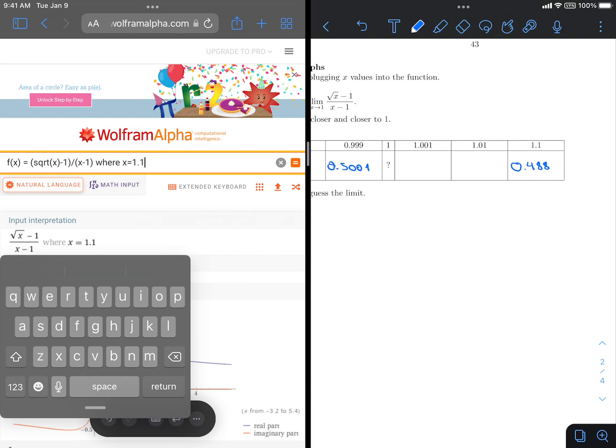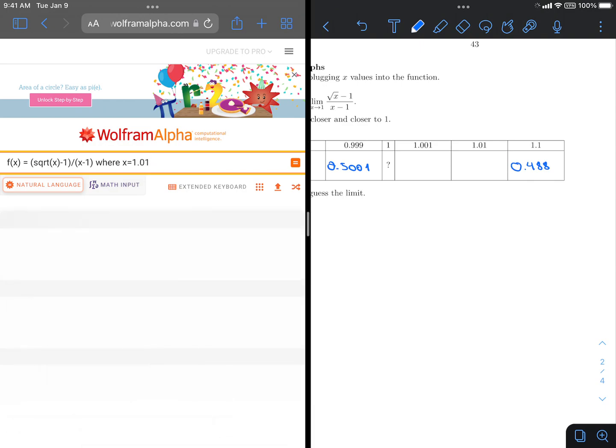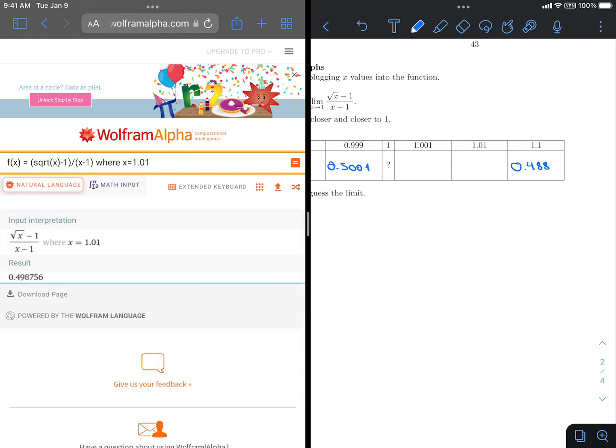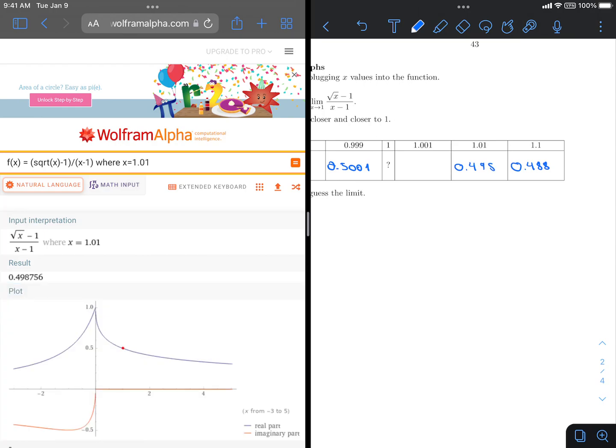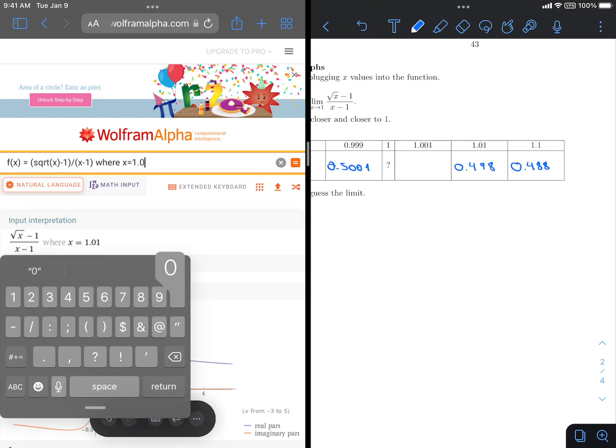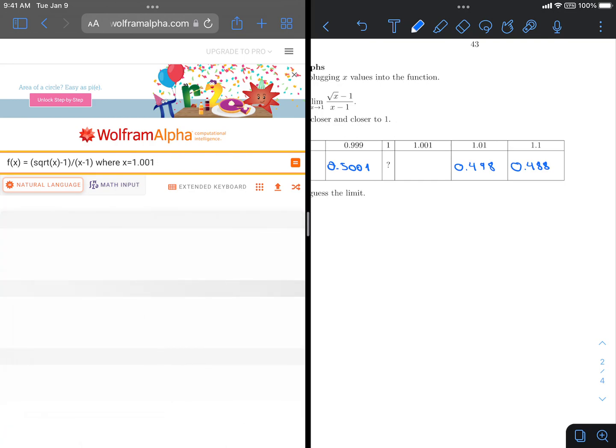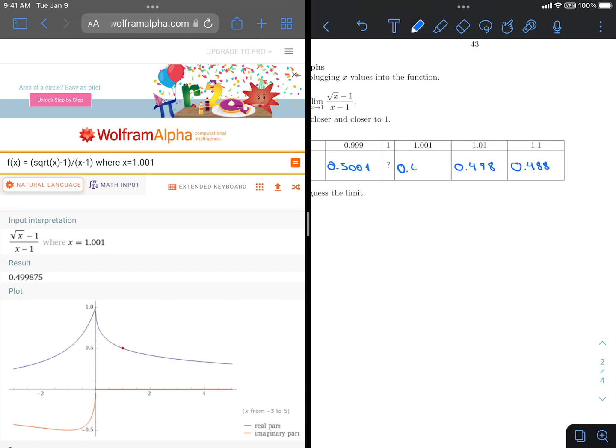We make it 1.01, so that says 0.498. If I add one more 0 for our last input, we have 0.499.